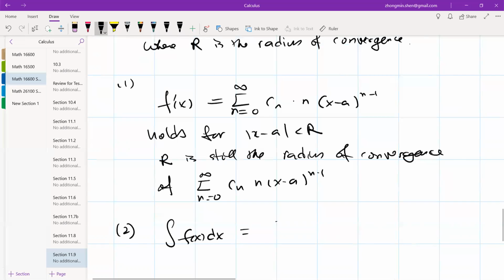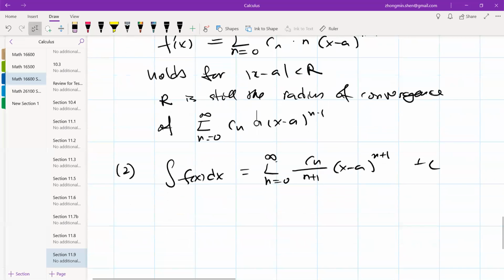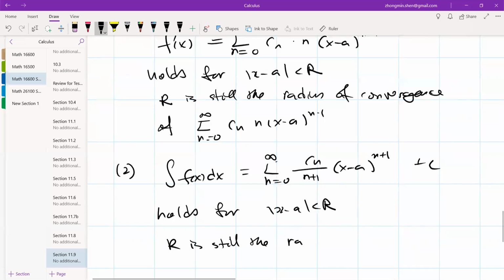It's still the same: you just evaluate the integral of each term, plus another constant. And this holds for absolute value of x less than R. Not only that, R is still the radius of convergence.